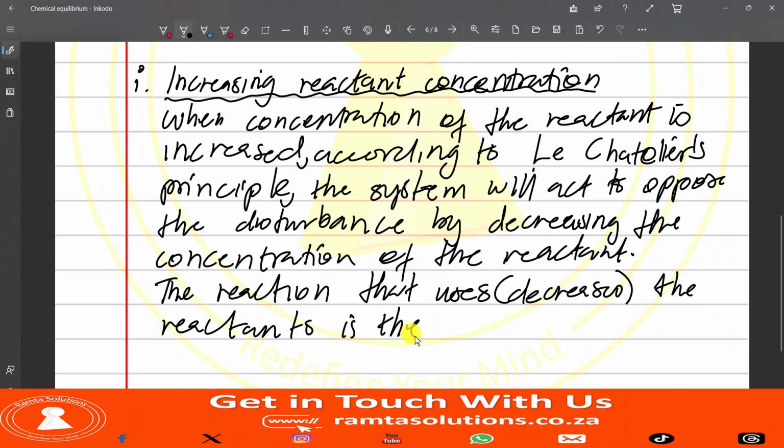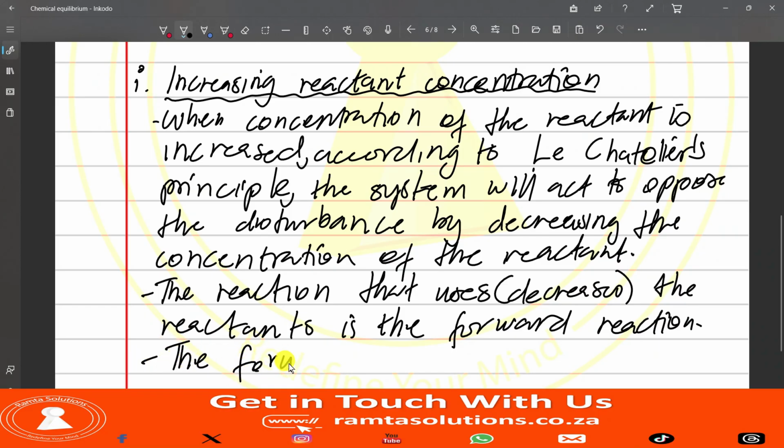In this case, the forward reaction is favored. Do you guys see that?